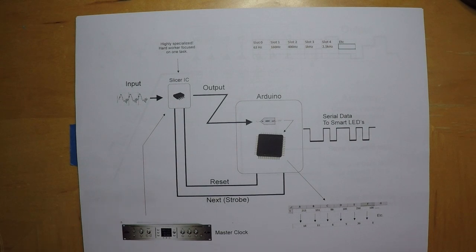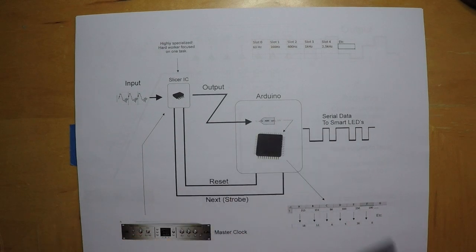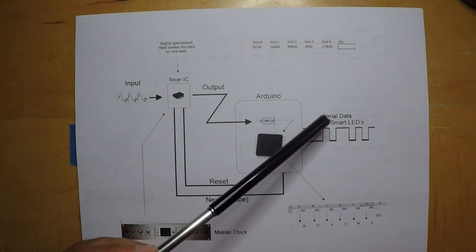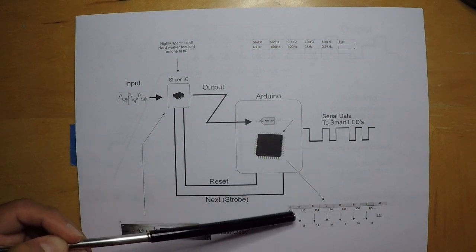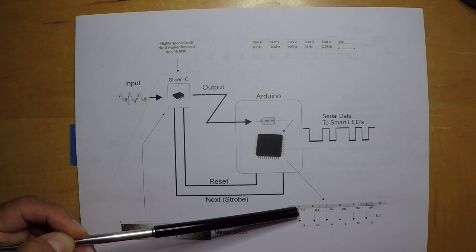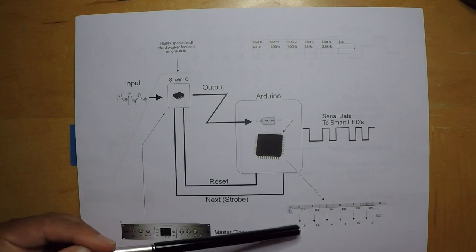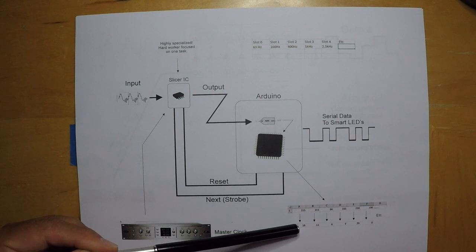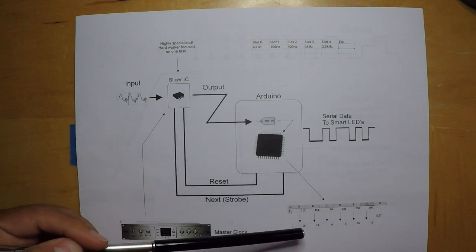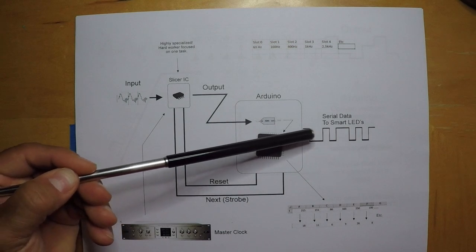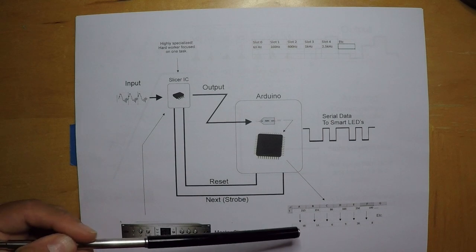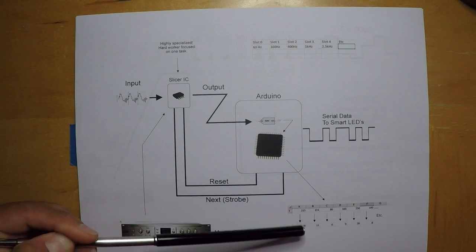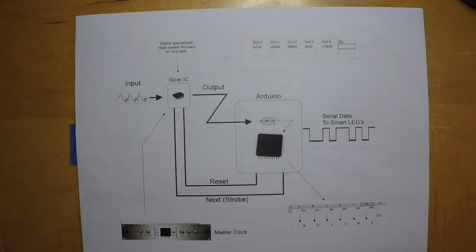So once these numbers down here for column height have been calculated, we'll push these values out of the Arduino to an array of smart LEDs. So in this example, we had a binary 215 for column 0. It converted it into a height of 18 LEDs out of a total of 21. And so inside this serial data that we're sending out to the smart LEDs, we will light up 18 LEDs on the first column.